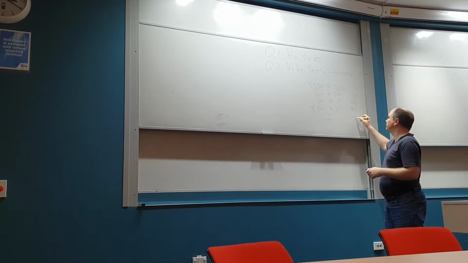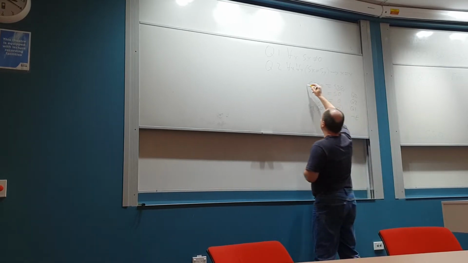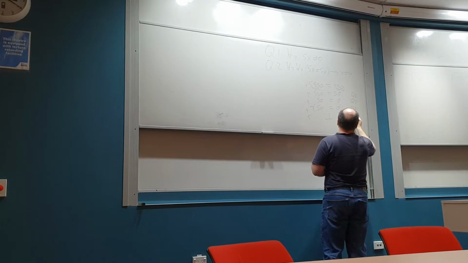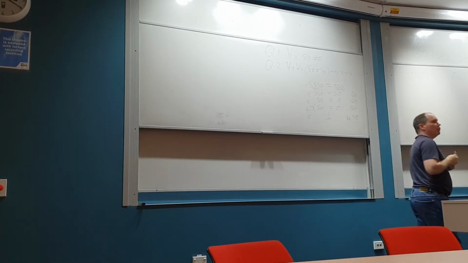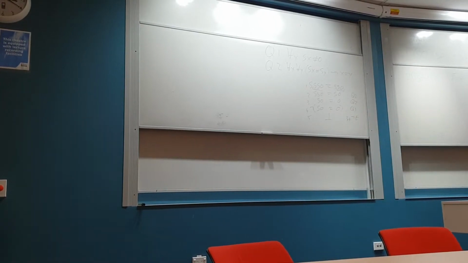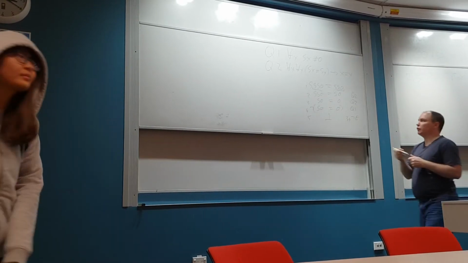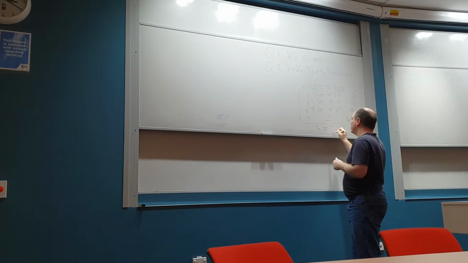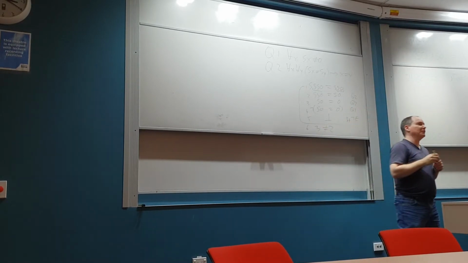Bam. 1, 2, 3, 4, 5. This comes from 3 and 4. So if you think 3 equals 2, you can prove a contradiction. Which of course, 3 is not 2. That's my conclusion.